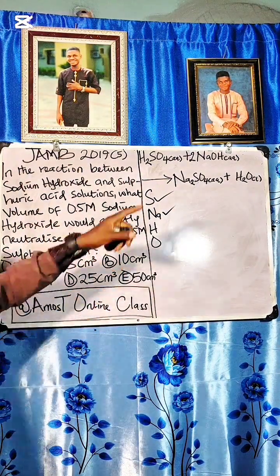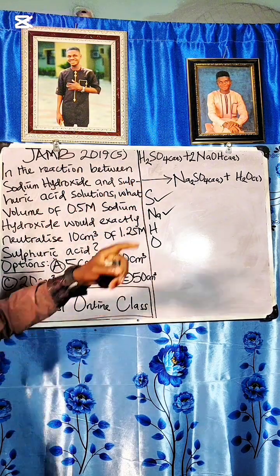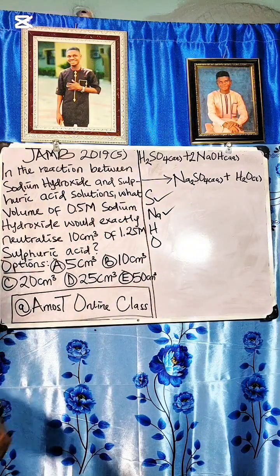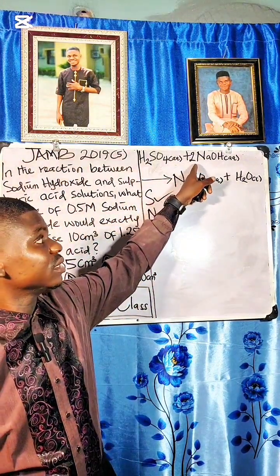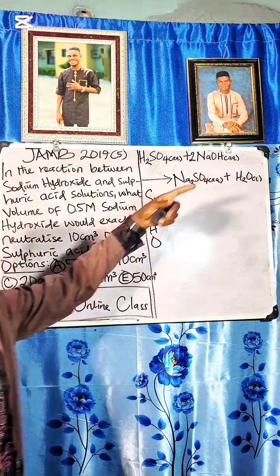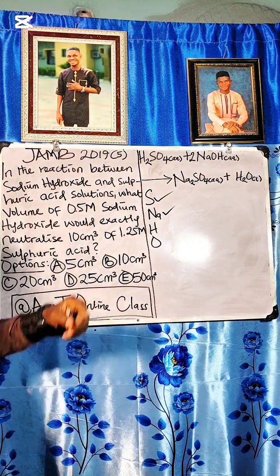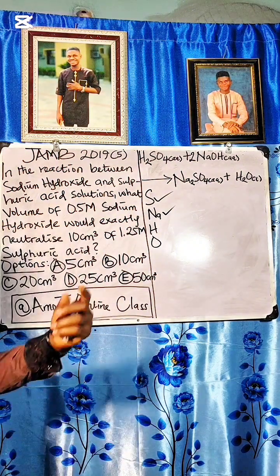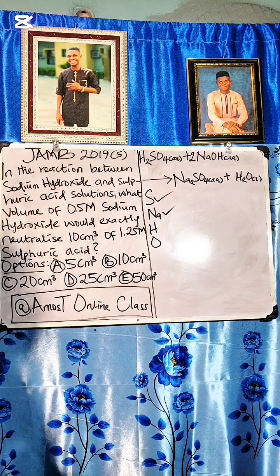Now we have two atoms of hydrogen in sulfuric acid, and of course two atoms of hydrogen in sodium hydroxide, because this 2 here is affecting the hydrogen. So 2 times 1 is 2. So we have 2 plus 2, we have 4. So there are 4 atoms of hydrogen from the reactant side. Let's check the number of atoms of hydrogen from the product side.